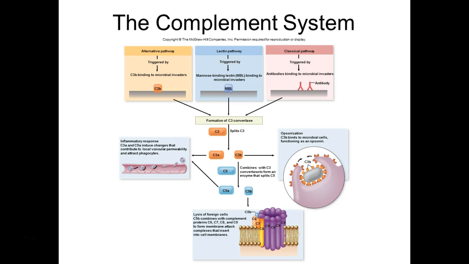Because if it's the first time you've seen an antigen, do you have antibodies against it? No. It takes about 7 to 14 days to make an antibody upon first exposure to that antigen. So if this is the first time, chances are you're not activating complement via the classical pathway because you don't have antibodies against that pathogen. Instead, you're doing the alternative.